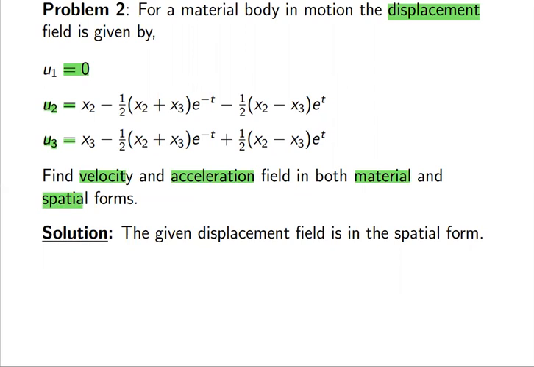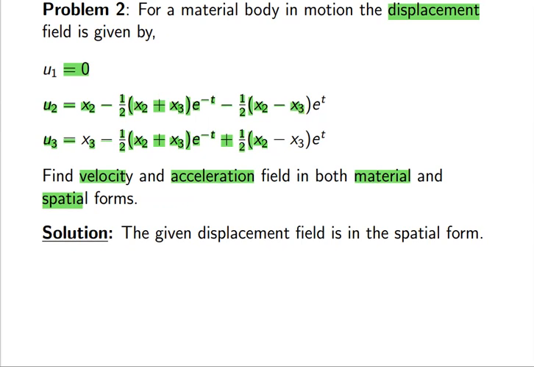Fine. So they have given displacements. We have to find velocity and acceleration both in material and spatial form. The given displacement field is in which form? On the RHS we have xi's, x2, x3, and also t.